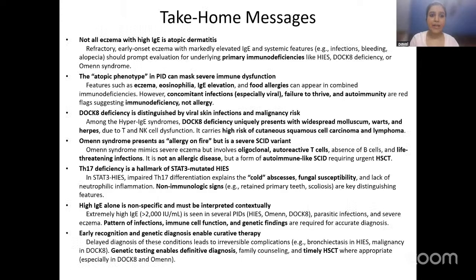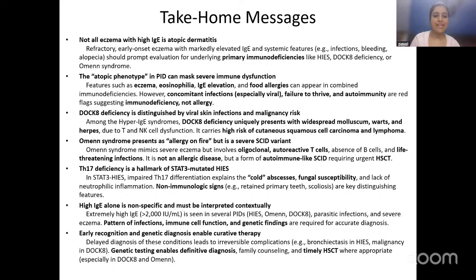Take home messages: not all eczema with high IgE is atopic dermatitis. The atopic phenotype in PID can mask severe immune dysfunctions such as eosinophilia, high IgE, eczema. DOCK8 deficiency is distinguished by viral skin infections and malignancy risk, primarily with widespread molluscum, warts, herpes, which is because of the T cell and NK cell dysfunction.